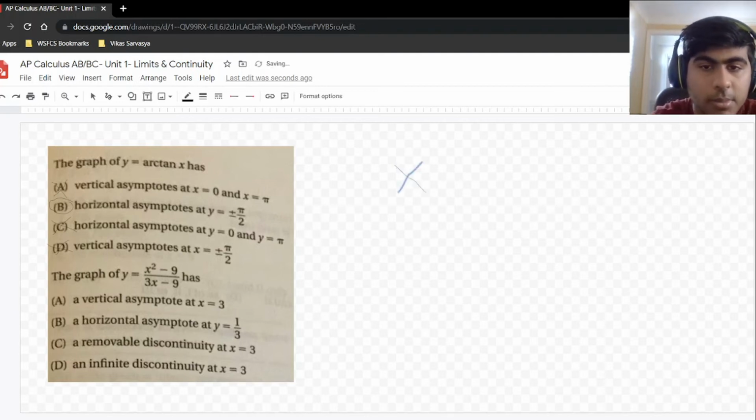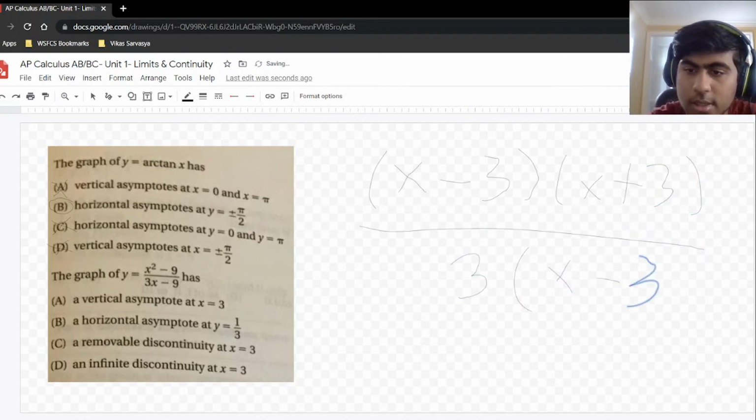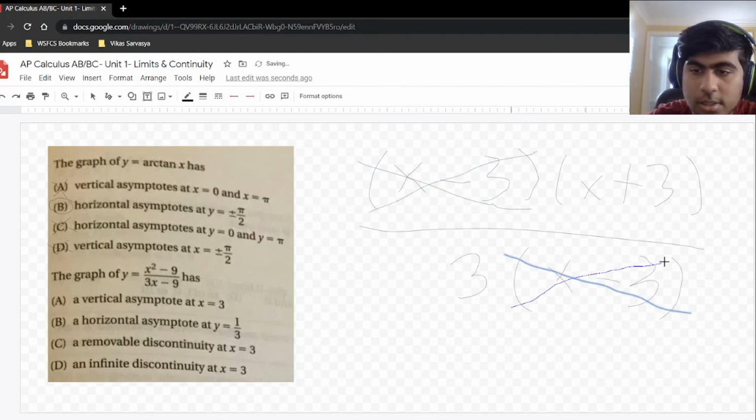We can factor x minus 3 times x plus 3 over 3 times x minus 3. And then we can just cross these out and say that everywhere except x equals 3, the function is just x plus 3 over 3.